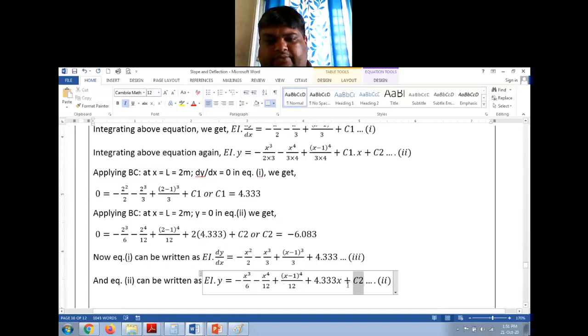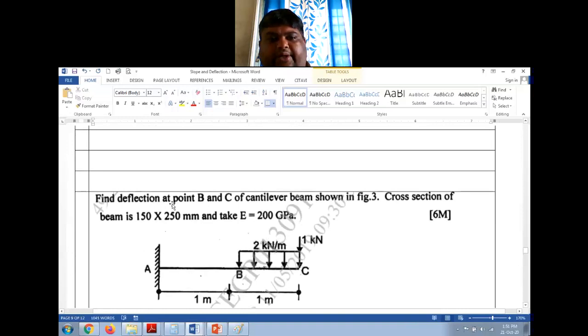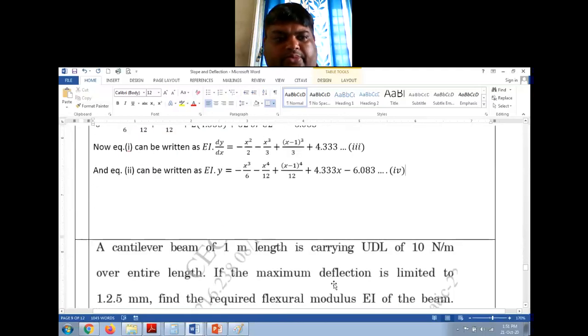C2 is negative, so it is minus 6.083. Now this is equation number 4. Now what he has asked in the question, deflection at point B and C, this and this, he has not asked the slope, right? We can find the slope also, not a problem.